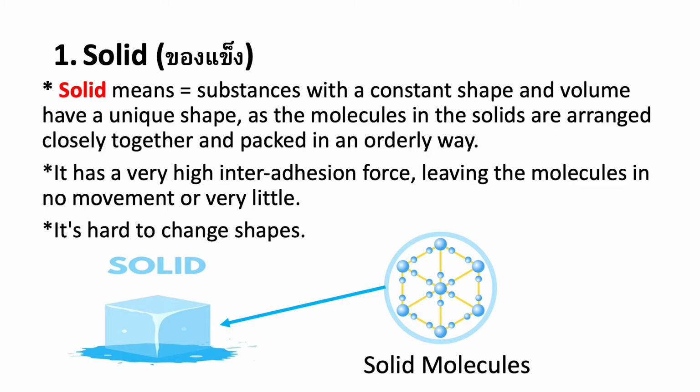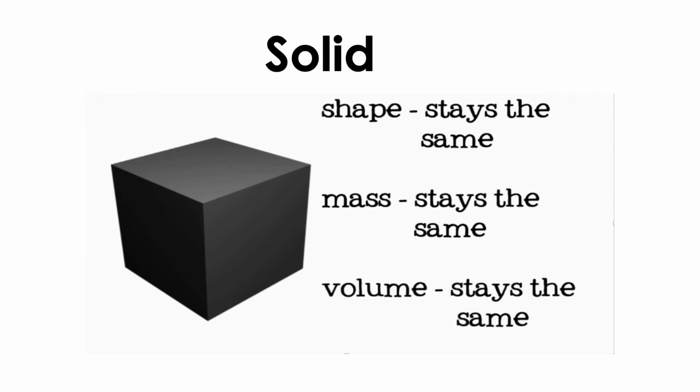Okay, that's why the shape cannot be changed, the weight or the mass, as well as the volume of the solid matter. So this is the illustration of the solid state of matter. Now kids, remember always that for solid, the shape, the mass, and the volume stay the same.